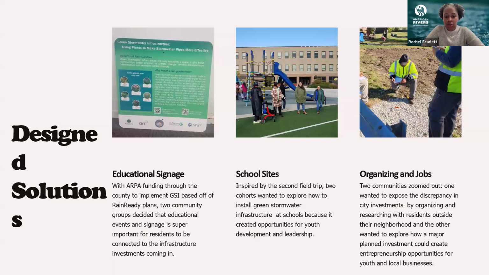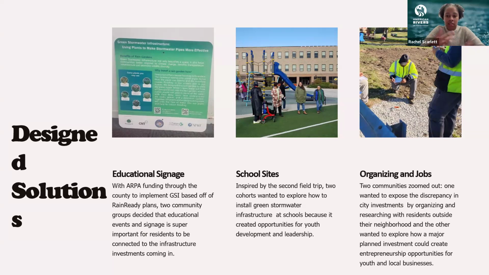There were 2 other communities that had a really deep understanding of the capacity of their local governance. So they decided to work with school districts to start to fund stormwater infrastructure projects. One of our field trips was actually to a school site that implemented green infrastructure on the playground.